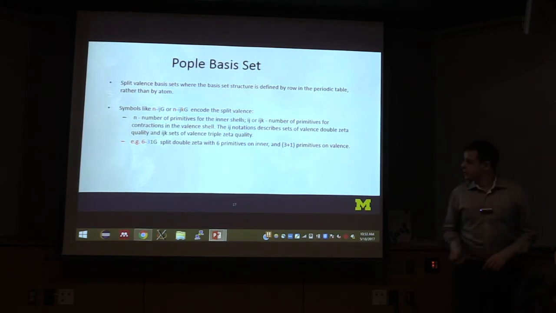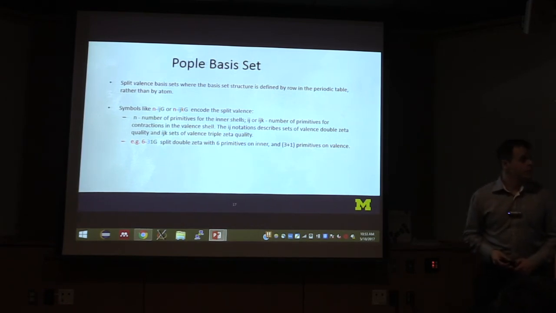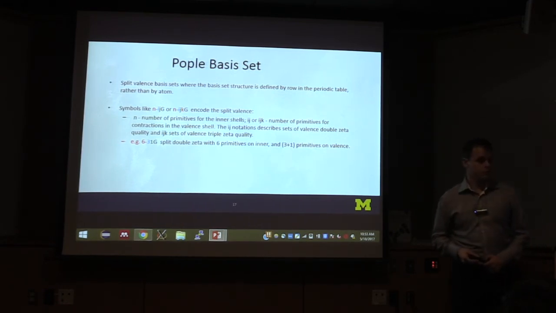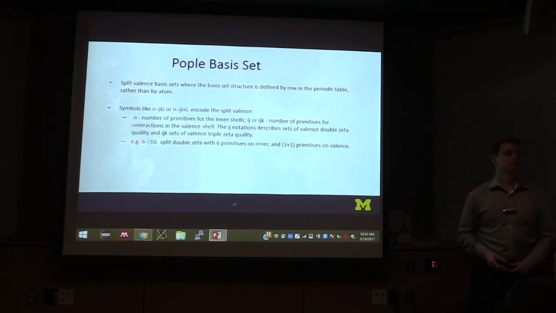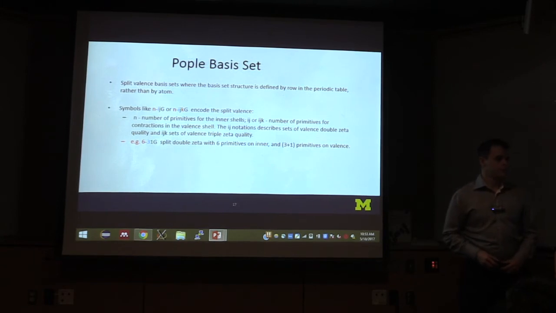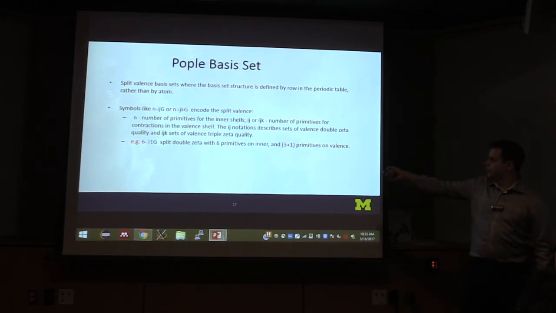Because this is a split valence one, all the core ones are going to be represented by a single basis function with a lot of primitives, and then the other ones are going to be represented by 2 basis functions with fewer primitives, one with 3, one with 1. Yeah, so the valence orbitals are composed of 2 basis functions each, 1 with 3, 1 with 1.